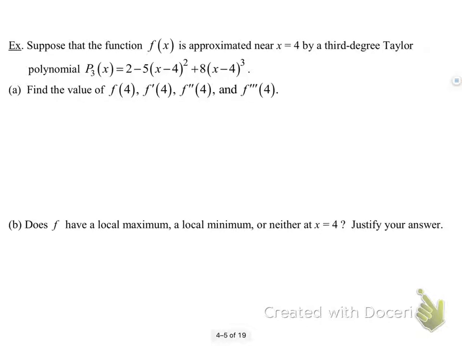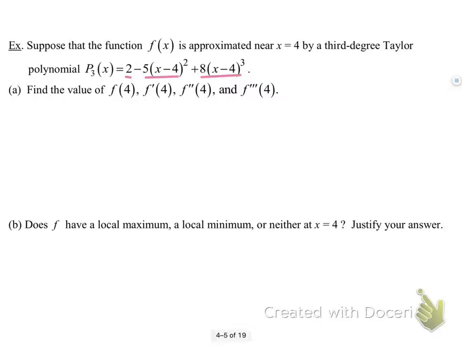Notice that the degree is 3, so we could call this a third degree Taylor polynomial, or we could call it a Taylor polynomial of 3 terms, because we have 1, 2, 3 terms here. Understood? Okay. Most of the time, those things aren't going to match.